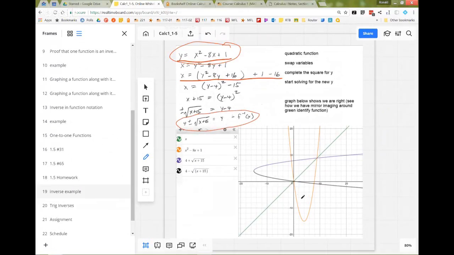And when you plot the two, you see how you get beautiful mirror imaging with respect to the green identity function. Again, is the inverse a function? No. Each half of it is, but not the whole thing. Why? Because it fails the vertical line test.